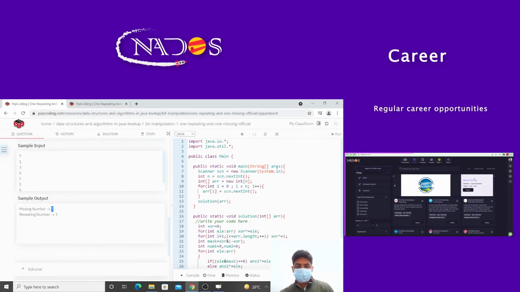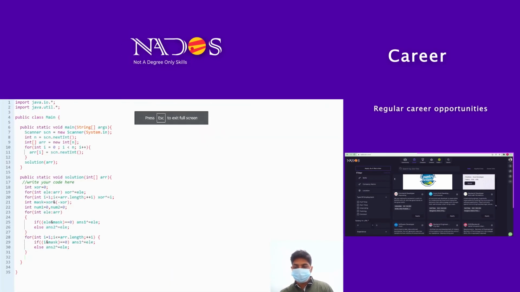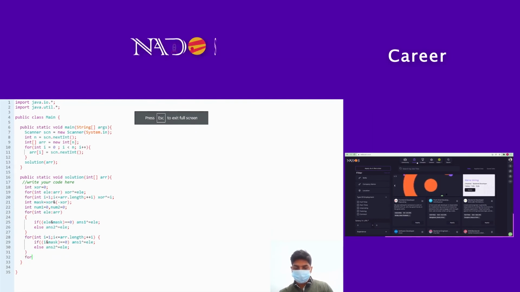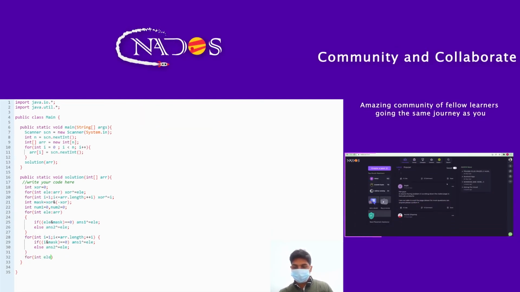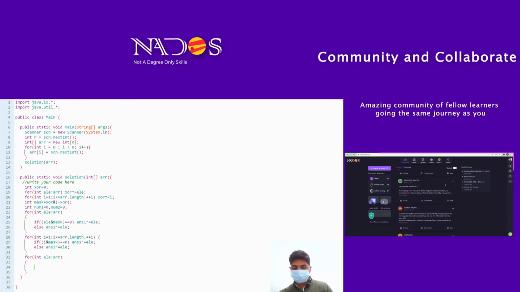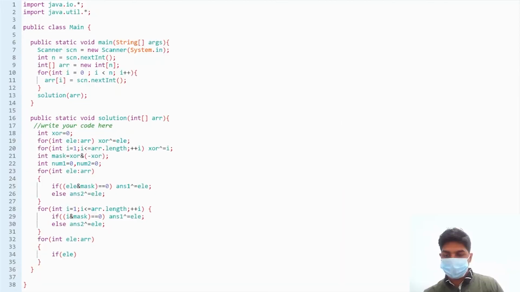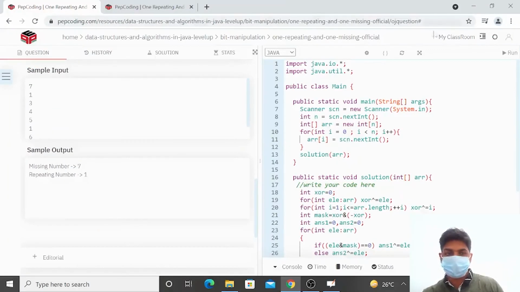So let's travel in the array. For integer element in arr, since we have used answer 1 and answer 2, if element equals answer 1, then what does it mean? First we have to print the missing number.